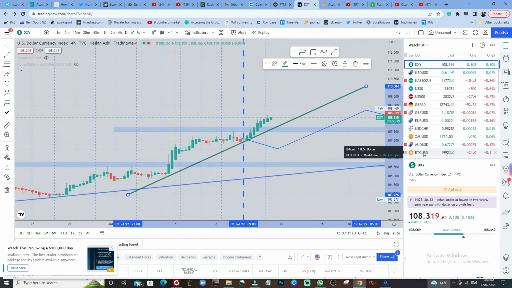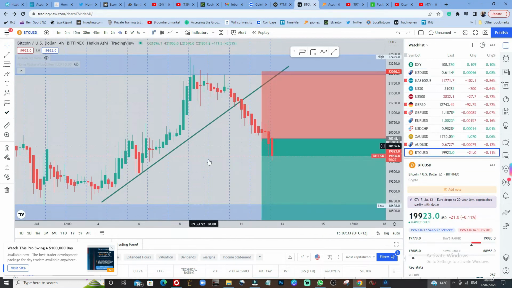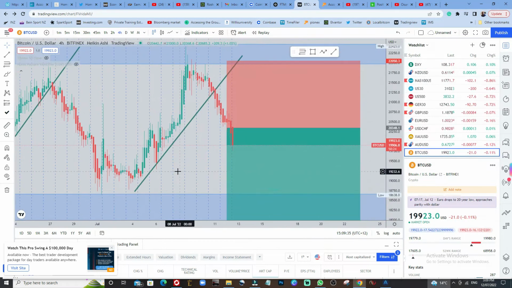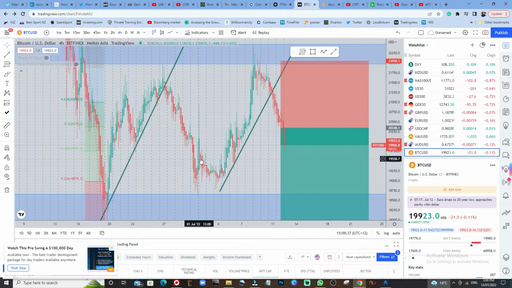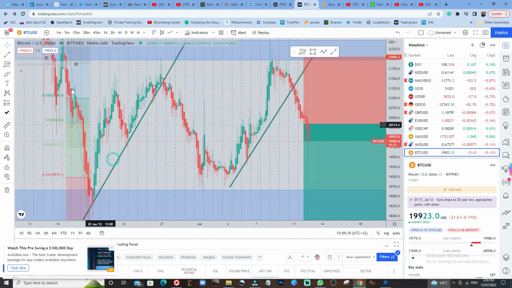Now Bitcoin is also reacting the same way. You can see Bitcoin, I'm already in profit. I took a free level from this point to this point downwards, and it reversed around the 0.68 area. I drew a line, I didn't take it, it bounced, came up again here.